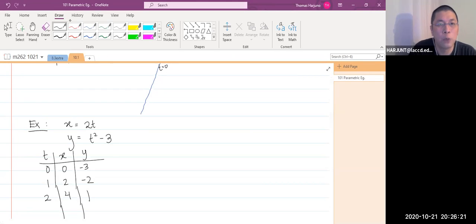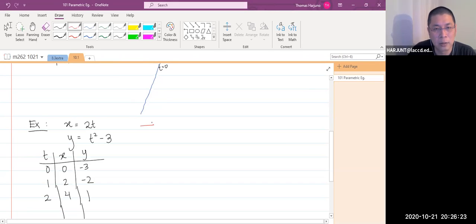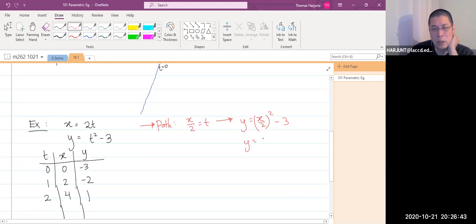Now if you want to see the path, what the graph looks like, then you can do elimination. So x over 2 equals t, and then you substitute that, you get y equals (x over 2) squared minus 3. So that's x squared over 4 minus 3.